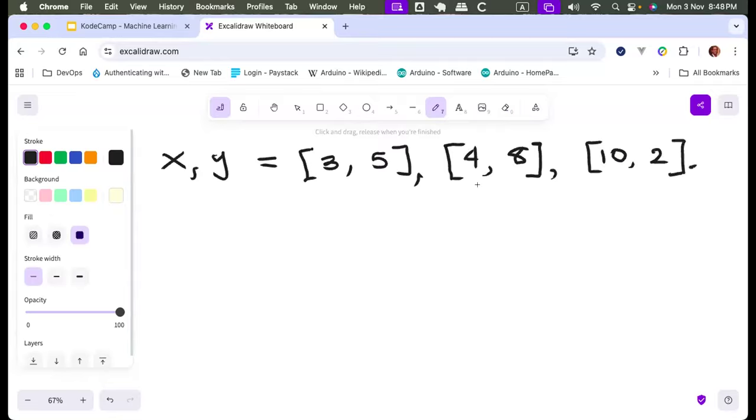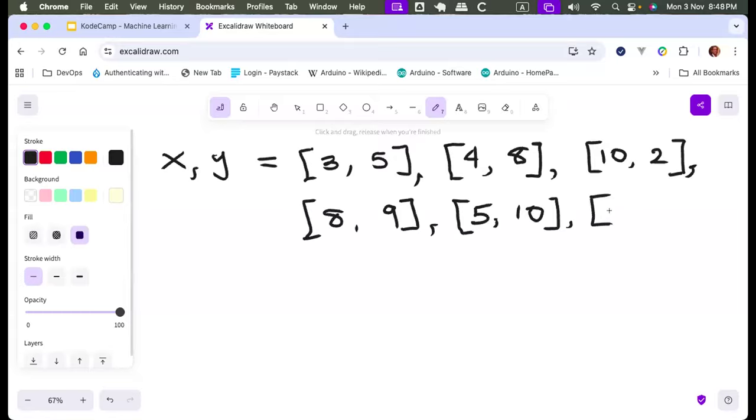I'm just randomly generating numbers, so I didn't plan this at all. 8 and 9. But I'll try to get these numbers around the same area. 5 and 10. And maybe 6 and 9. So I have 6 data points.